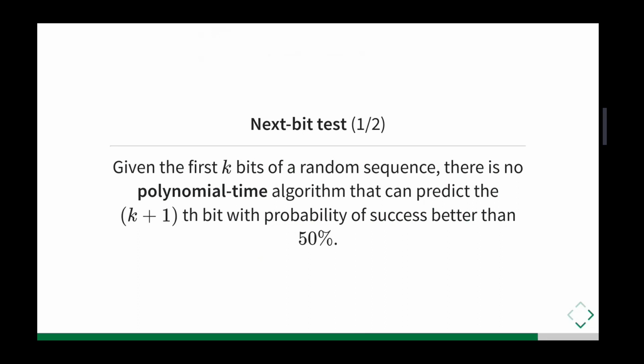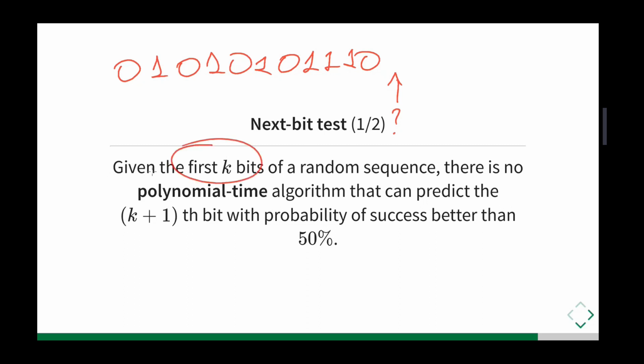This means that if I see a bunch of output bits and ask what the next bit is, the best I can do is guess. I have 50% correct, no matter how many bits. Given the first k, where k is general, I can see arbitrarily many.